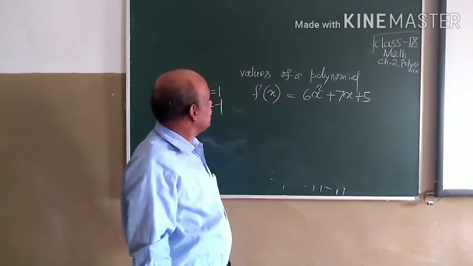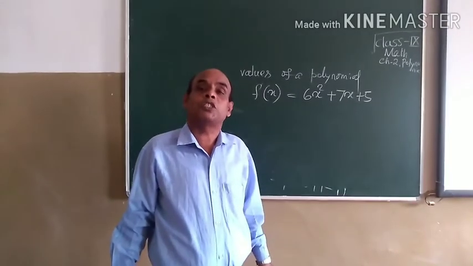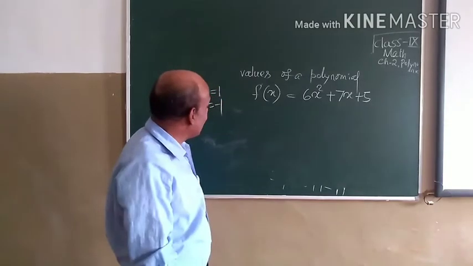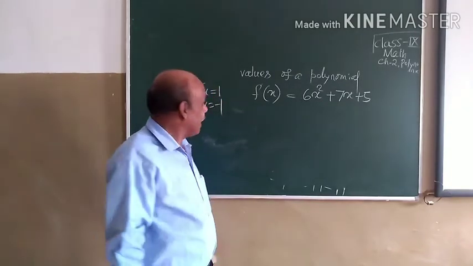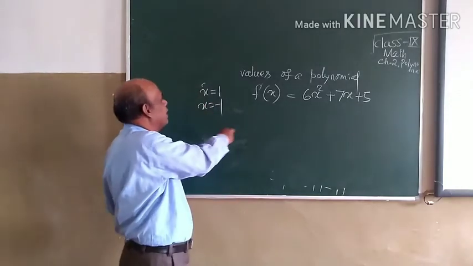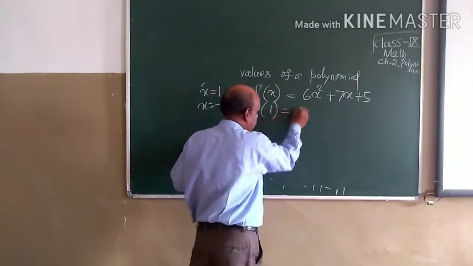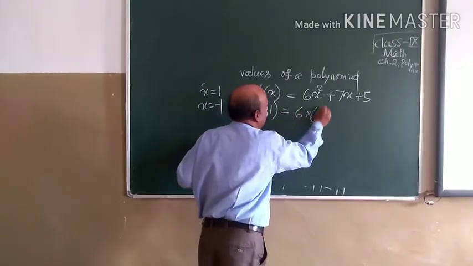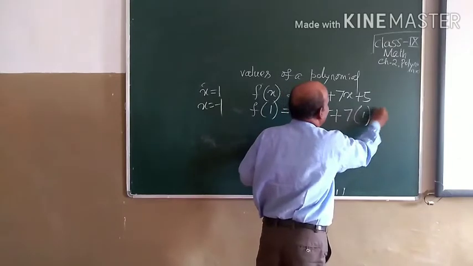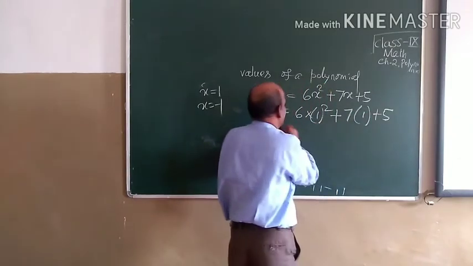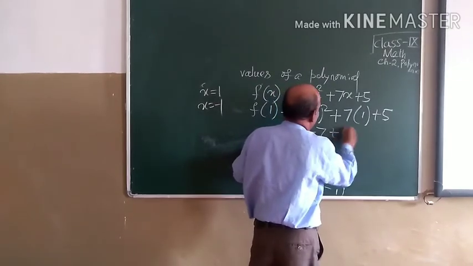The polynomial is 6x square plus 7x plus 5. Find the value when x is equal to 1. So write f(1) is equal to 6 into square of 1 plus 7 into 1 plus 5. So that is 6 plus 7 plus 5.